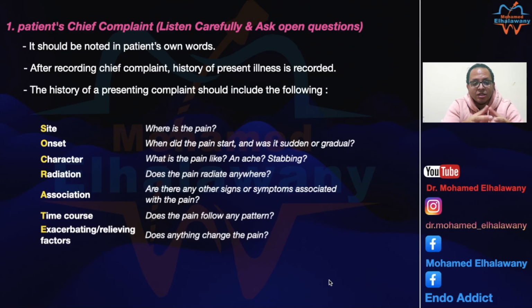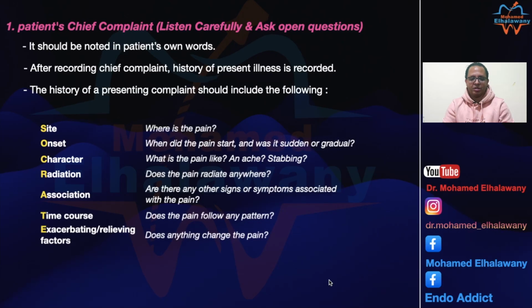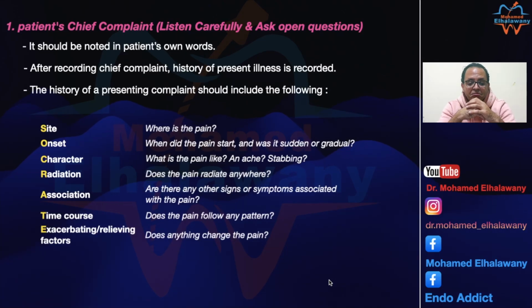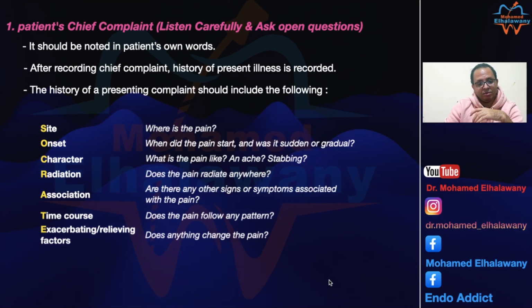Another factor is relieving factors. What reduces the pain? If cold relieves the pain, it is often seen in irreversible pulpitis, because the cold reduces the pulpal pressure. Pain getting better when avoiding chewing makes us suspect that the periodontal or periapical tissue is the cause of the problem.